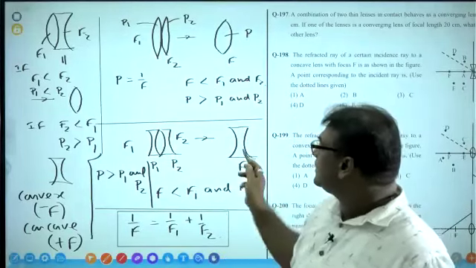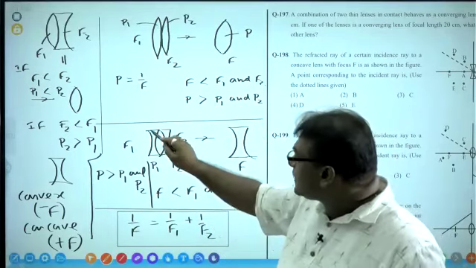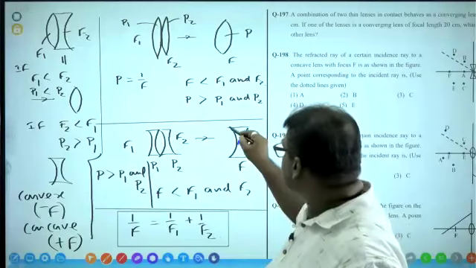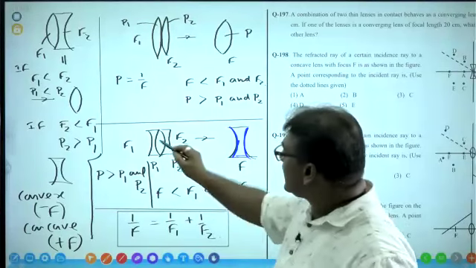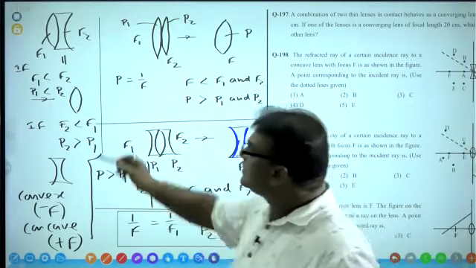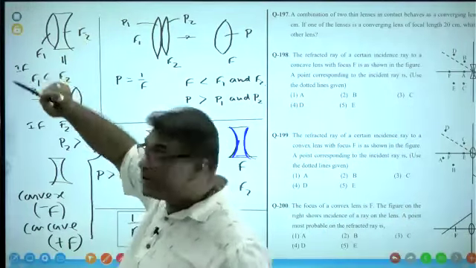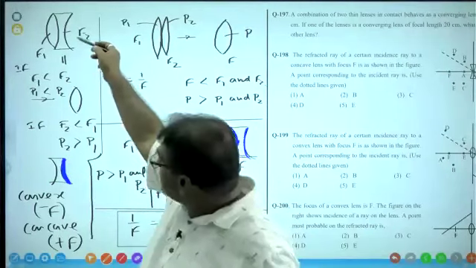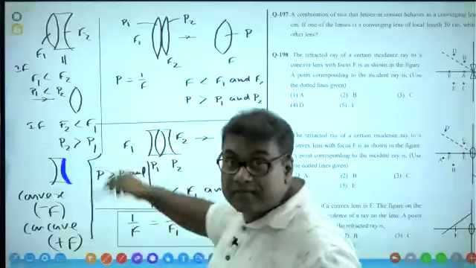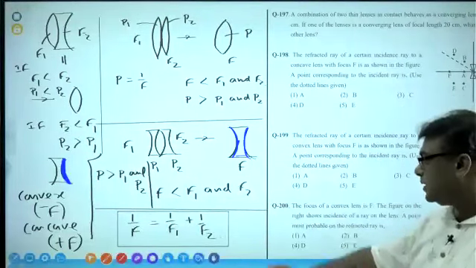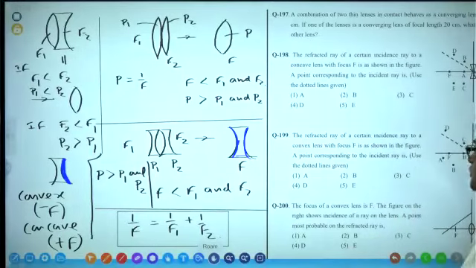Here, concave and concave give a resulting concave one, with curvature greater than these two, a huge curvature. And here, in the plus and minus combination, the resulting one has curvature lower than the convex one. This is the common equation. Can you manage 197?